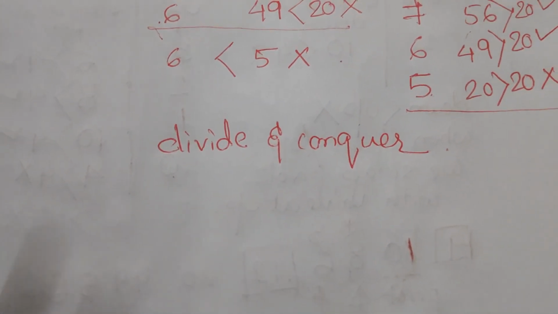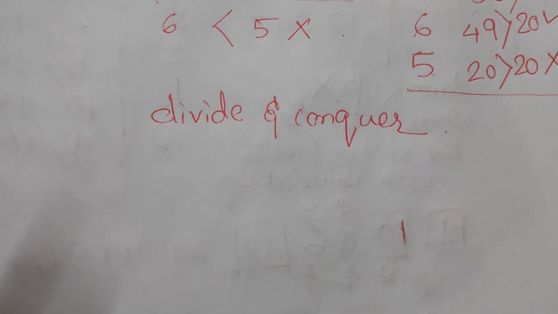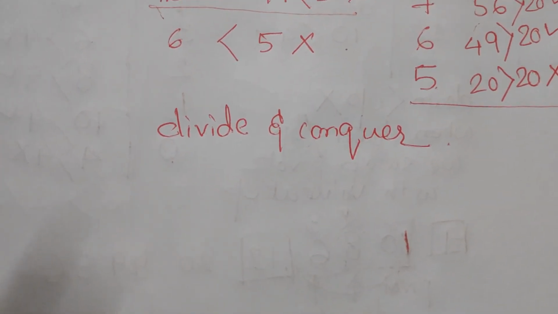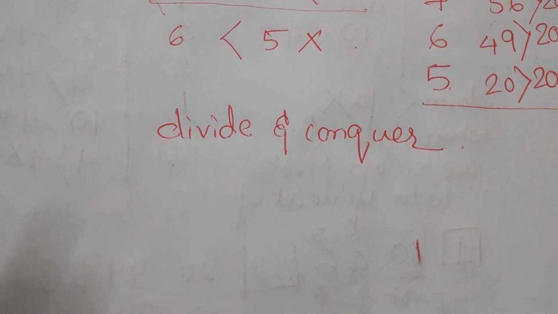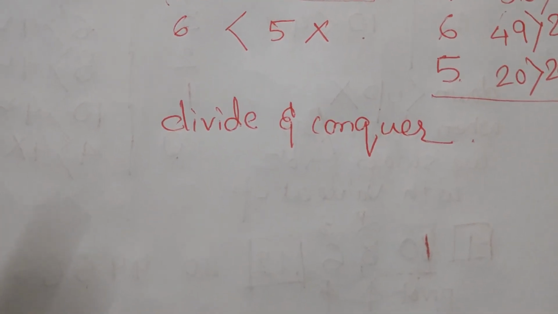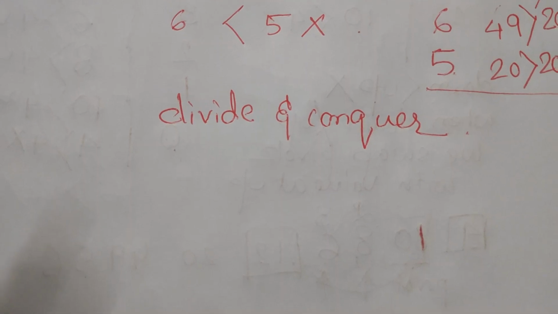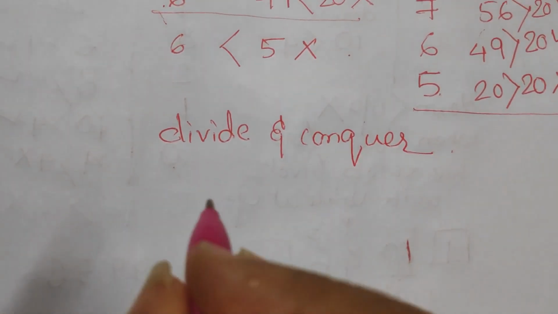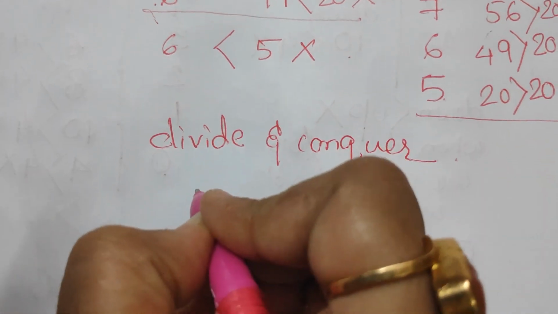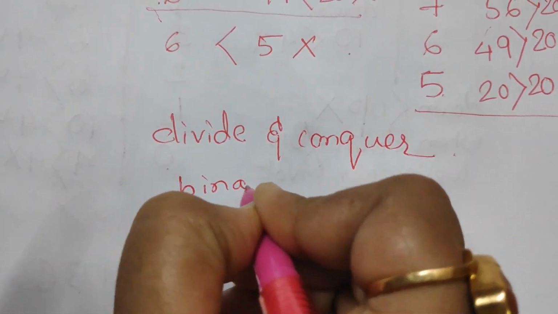Why? Because quick sort divides the array into two halves and then separately works on the array for the sorting method. Another divide and conquer algorithm that you already know is binary search.